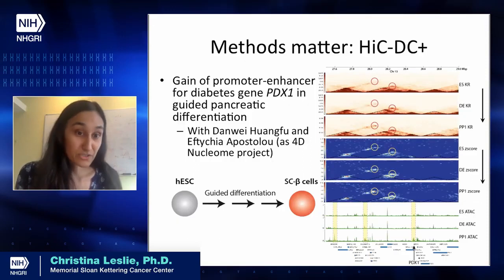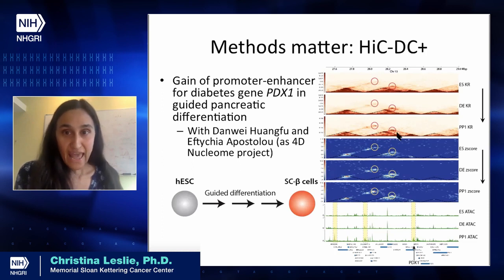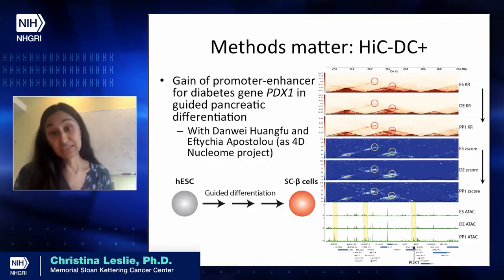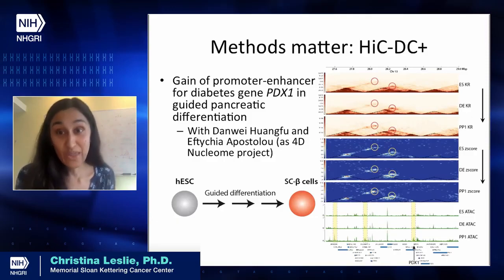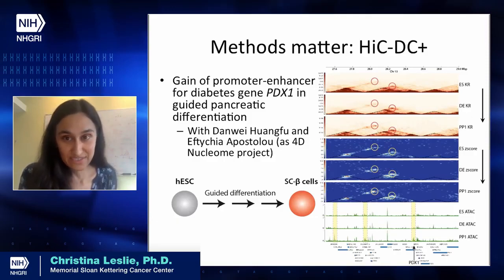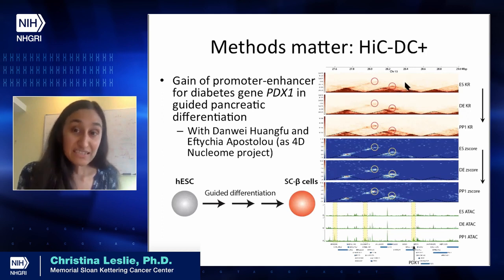So this is data from Danwei Huangfu's lab in collaboration for our 4D nucleome project that also involves Effie Apostolou. And what we're looking at is a progression of guided differentiation of human embryonic stem cells towards insulin secreting beta cells. Okay, and looking at these different stages of pancreatic differentiation, standard normalization at the top and HiCDC normalization with z-scores at the bottom.